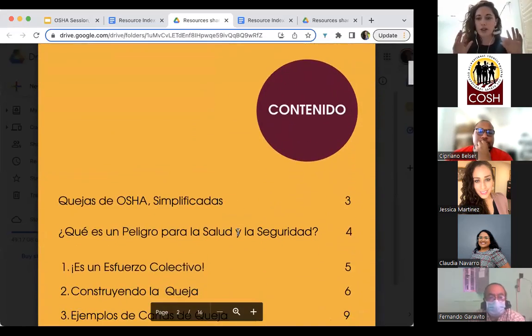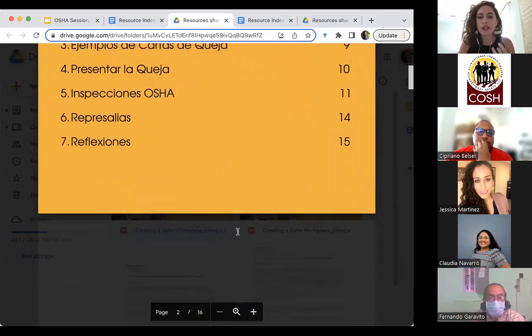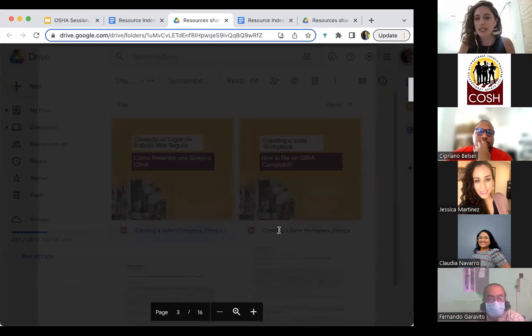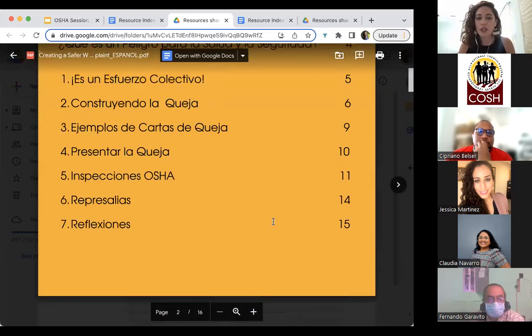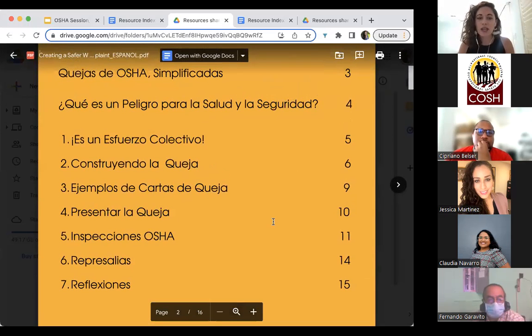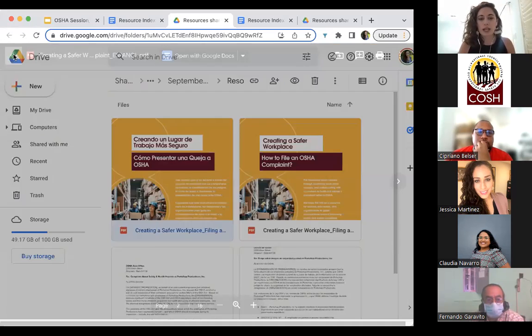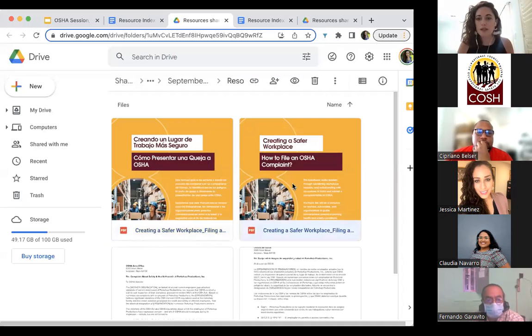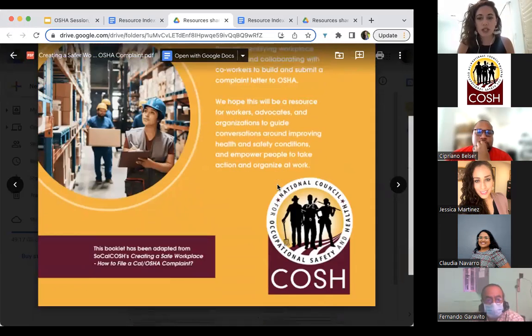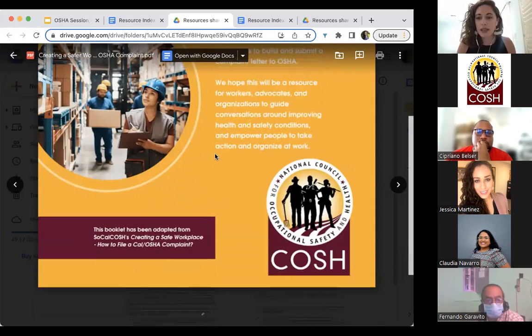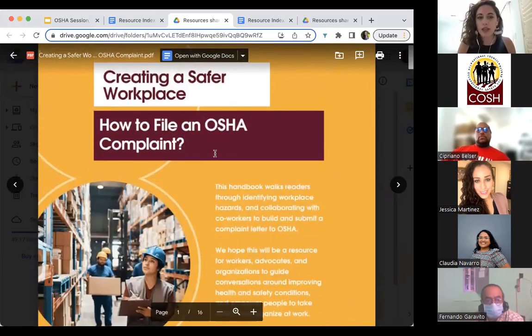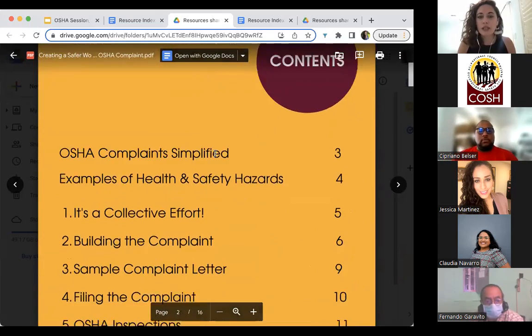It's going to walk everyone through how to collect evidence and build your complaint. We have sample complaints in here to use as a model, filing your complaint, getting that inspection, and making sure that workers are as represented as possible during all phases of the inspection. So there's just a lot of great materials in here, and we encourage everyone to check this out.